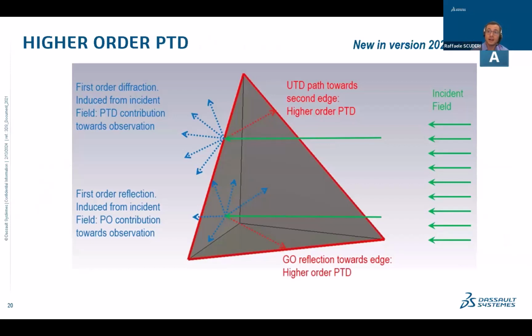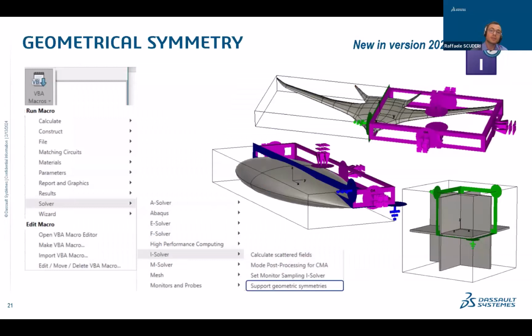PTD has always been there, but now what I'm talking about is also an improvement on the PTD, the higher order PTD, which means that besides the contribution from edges and wedges that are directly illuminated by a plane wave or by our electromagnetic source, we can also include the diffraction generated by rays reflected by the patches, for example, or diffracted by UTD rays. That's also a very nice improvement in terms of accuracy and capability to catch the right behavior.